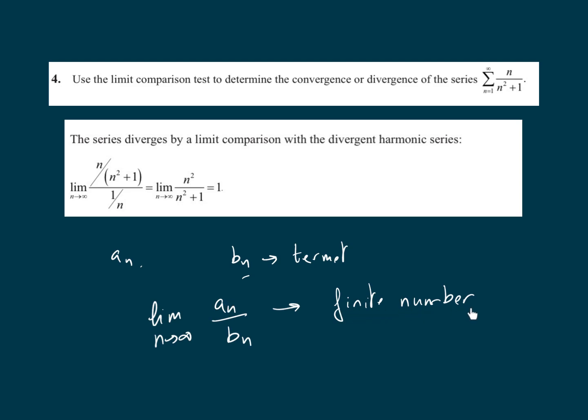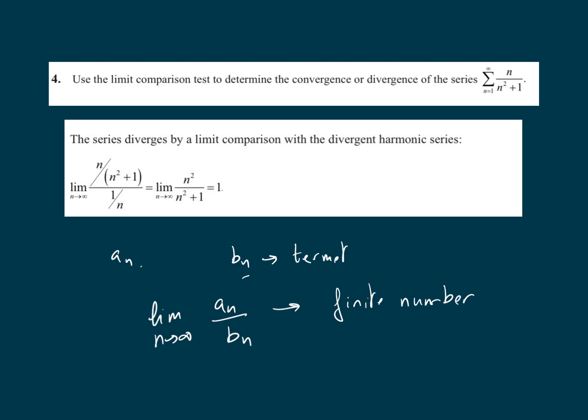Now, if this is also a finite number, and V sub n, the series that is your thermometer, diverges, and the limit when n goes to infinity of A sub n divided by V sub n is a finite number, then A sub n will also diverge.